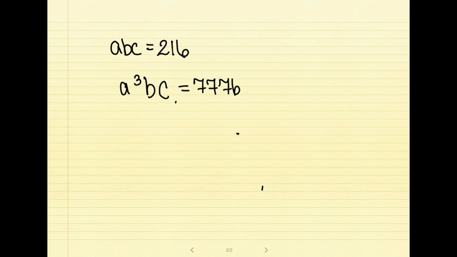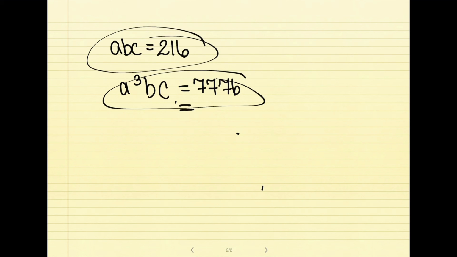And then what we can do is divide this equation by this. So what it's going to end up to be is a to the power of 2, because when we divide this by this, b cancels out, and a cancels down to 2, right?